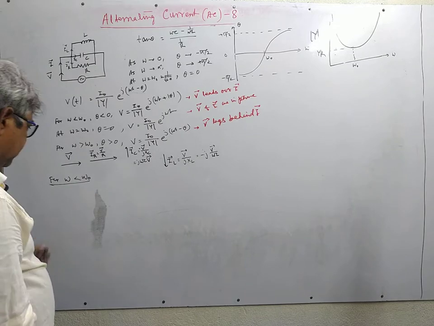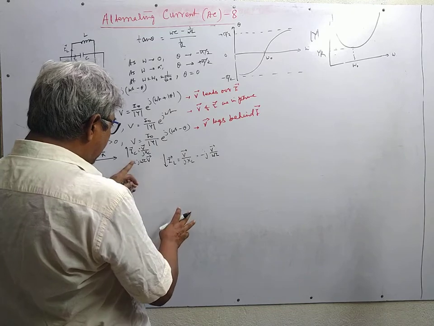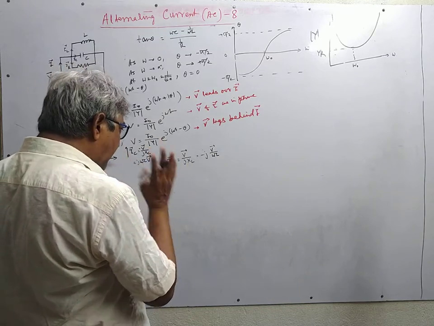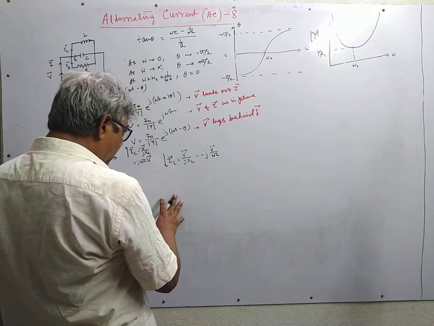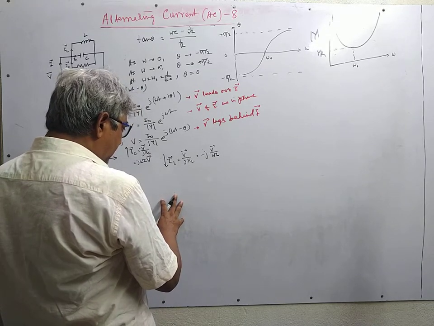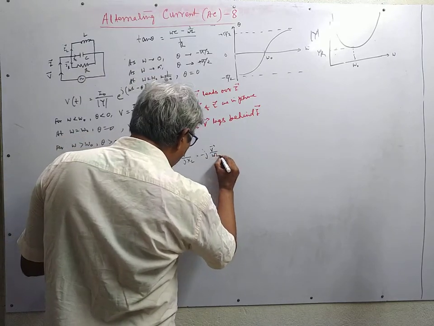At omega is equal to omega 0, IC and IL have equal magnitude. At frequencies less than resonance frequency, IL dominates over IC.